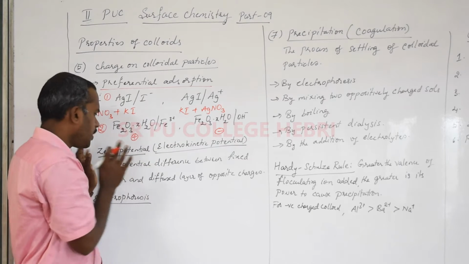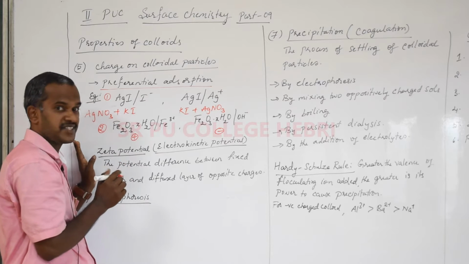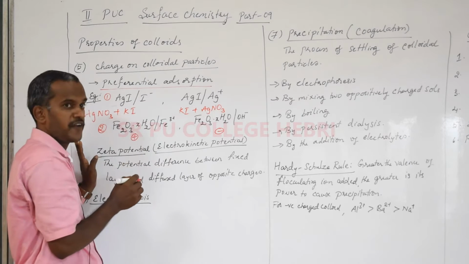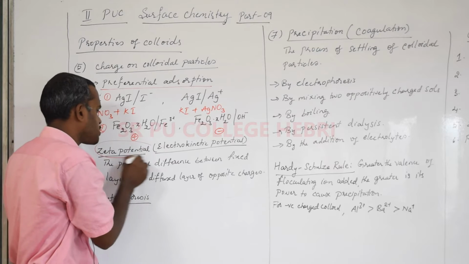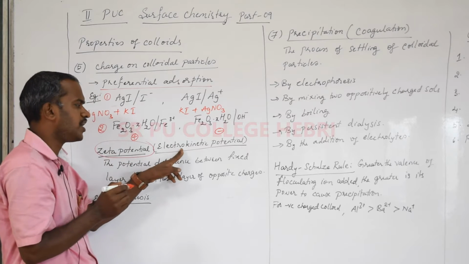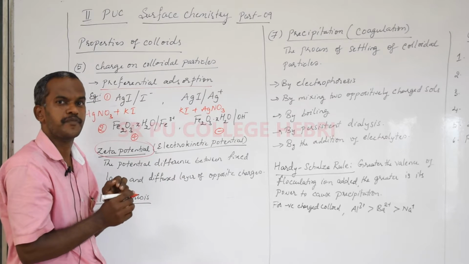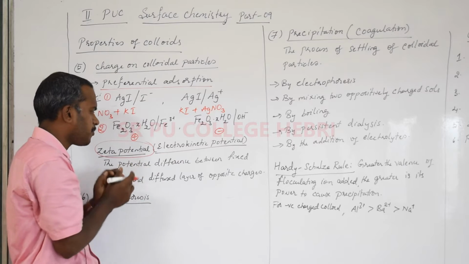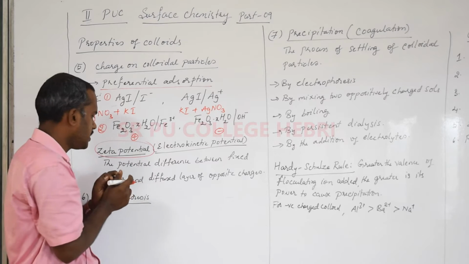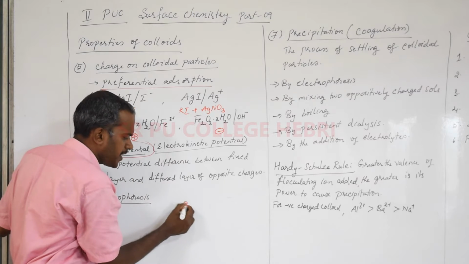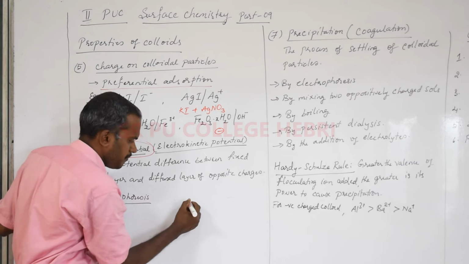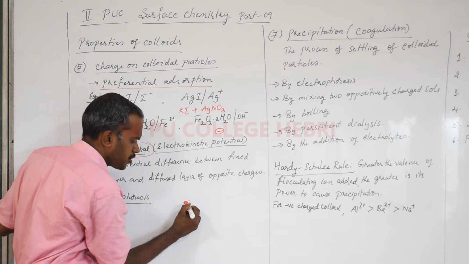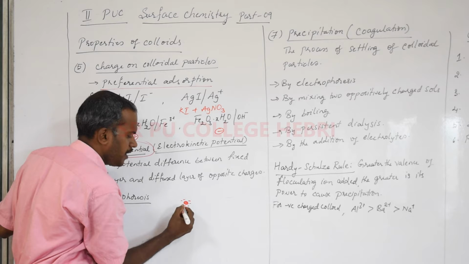Now one important definition you have to understand in this chapter, related to preferential adsorption and the charge on the colloidal particle, is zeta potential. It is also called electrokinetic potential. Now what do we mean by zeta potential or electrokinetic potential? Consider a colloidal particle, and suppose one charge accumulates, say a negative charge accumulated around the colloidal particle.